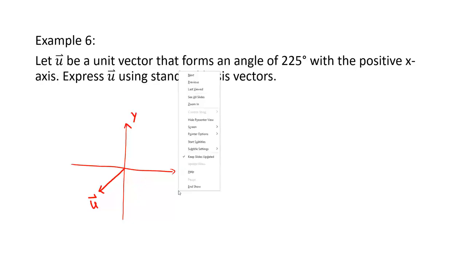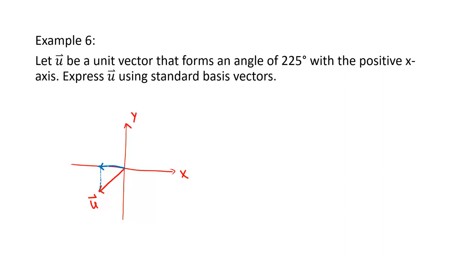Okay, and we want to express this u vector using the standard basis vectors. And that means when we think about this u vector, we need to think about the x component and the y component. That gives us the i and j terms we need. Right, so the x component for our u vector would be right here, and it has to be a square, right, because of the parallelogram law.